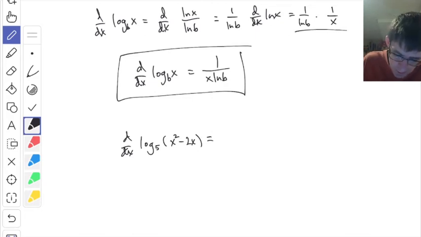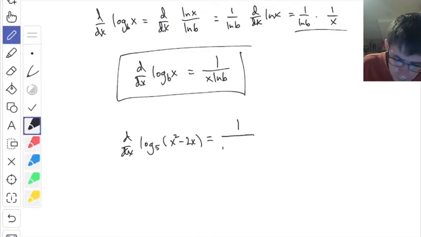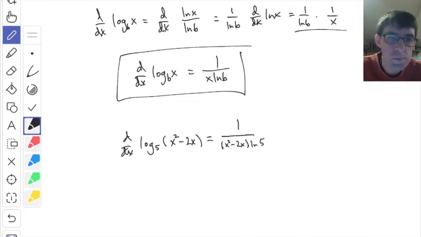So my answer is going to be 1 over, I'm doing this formula, right? But instead of x, I have all this stuff inside the parentheses. So it's 1 over the stuff inside the parentheses, x squared minus 2x. And then I got to put the ln b. b is 5, so ln 5 like that. And then I got to do the chain rule, as always.